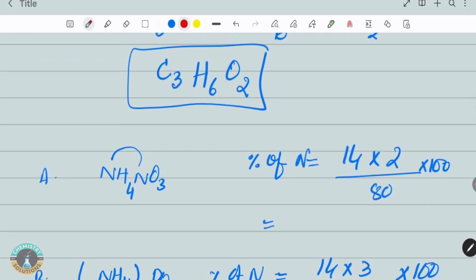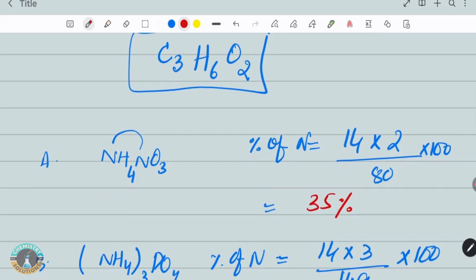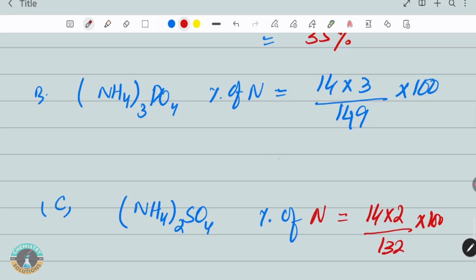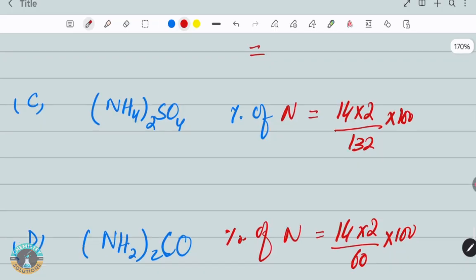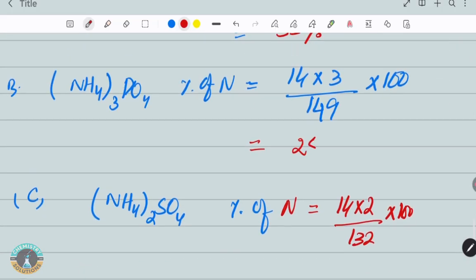So now let me calculate the values. 14 multiplied by 2 divided by 80 multiplied by 100. The value here is 35%. Then for this, 14 into 3 divided by 149 into 100, 28.1%.